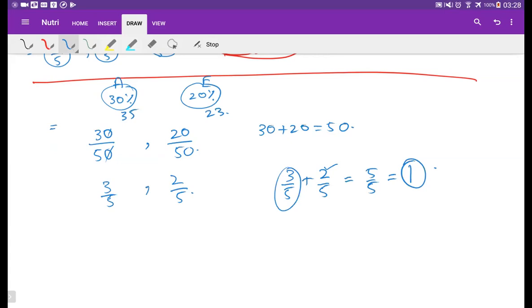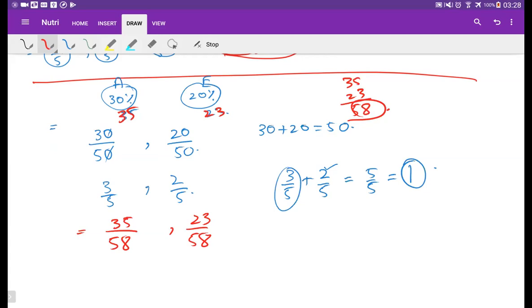If I talk about 35 and 23, we just do 35 plus 23, we sum that: 5, 3 plus 2, 58. So 58 is the sum. For this question, in red color, 35 is the numerator and we divide it by 58, and the same thing, 23 divided by 58. All right, so we do it like this.